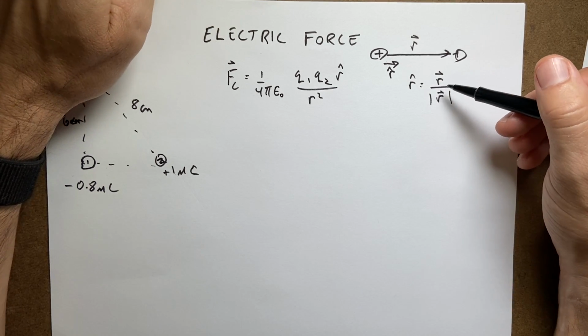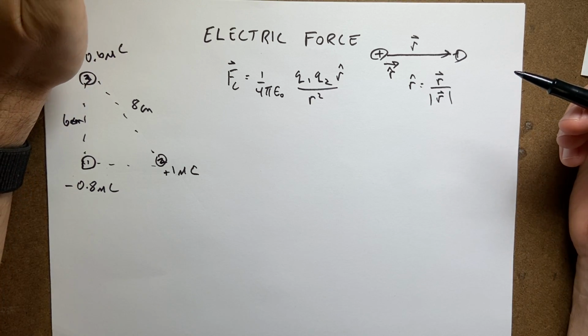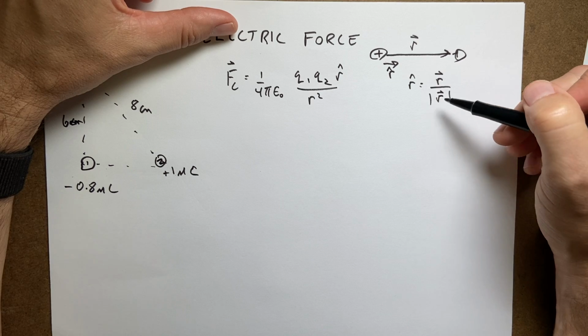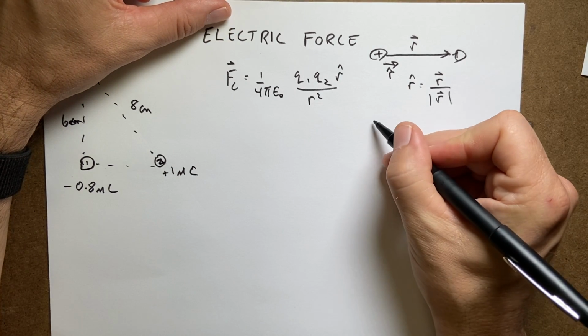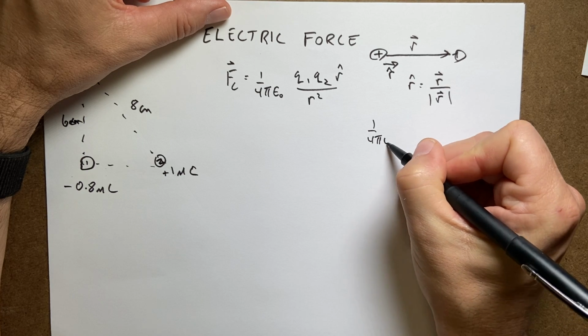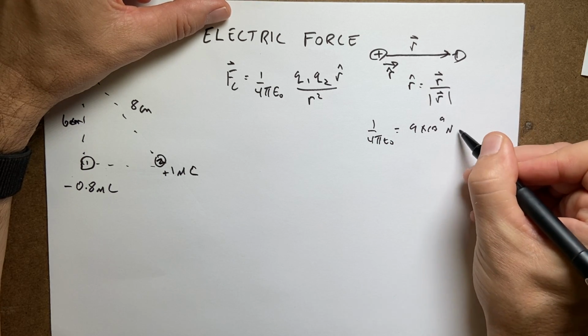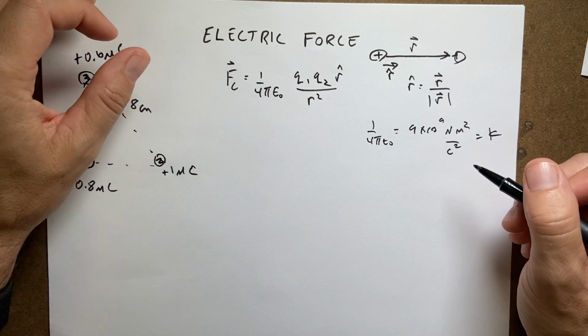So this is a unit vector because it can describe directions. It has no units. It has a magnitude of 1, but this is how you'd find that. Oh, and this 1 over 4 pi epsilon naught is just a constant of 9 times 10 to the 9th newton meters squared per coulomb squared. Some people just write that as K, and that's fine too.